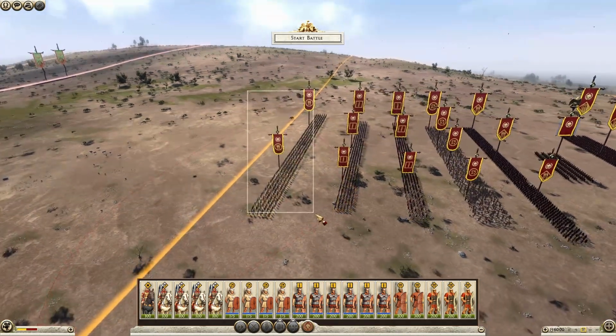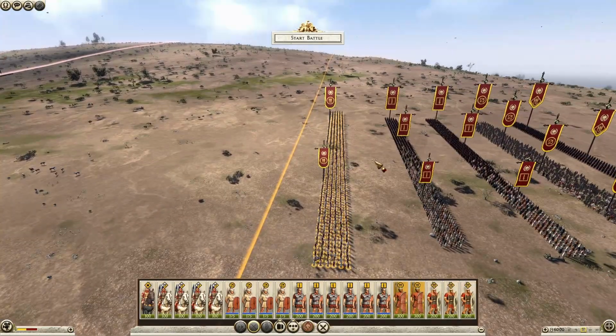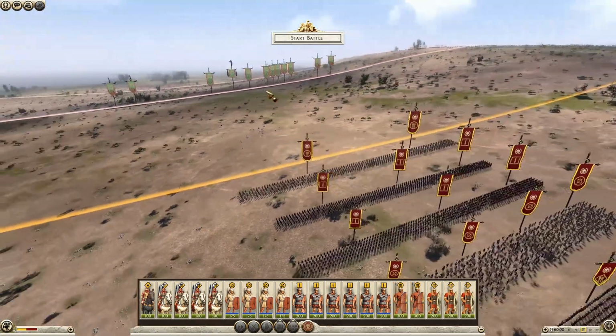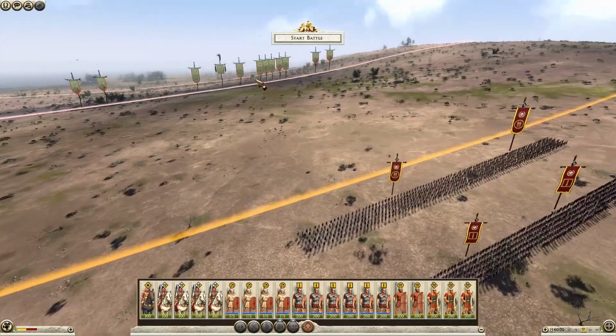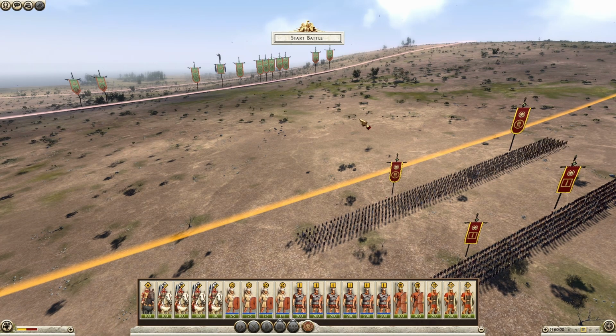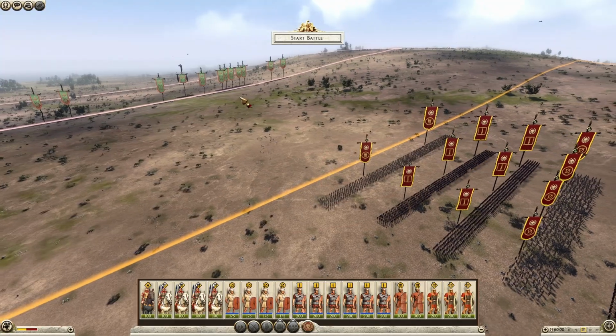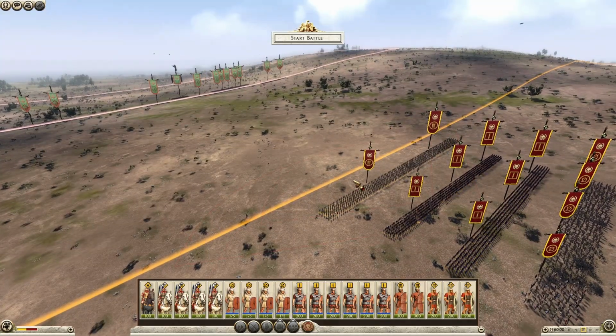Over here, for the spear mid-shield unit, I will use the Rorarii. This unit will take enemy missile attacks, like javelins, slingstones or archer fire, to protect the Principes from this damage.